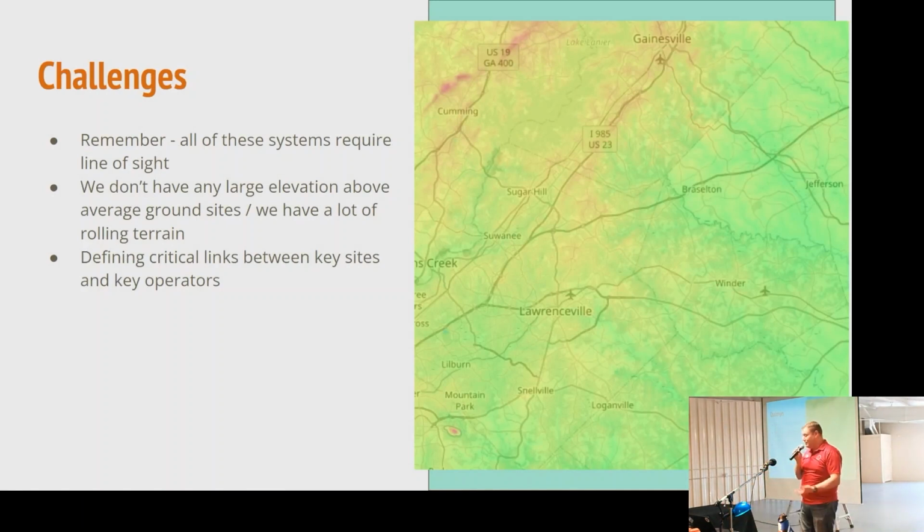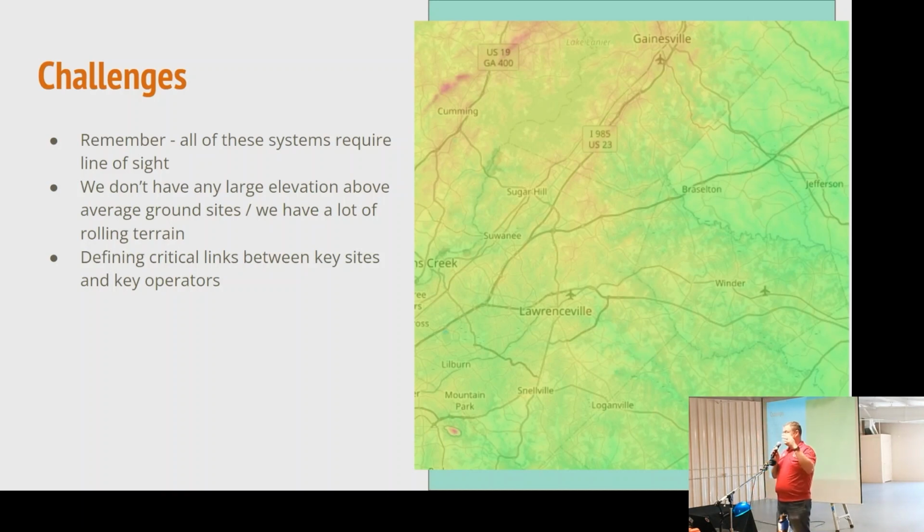The challenges. As we all know, anything in the ranges that these operate at, 2.4 and 5 gigahertz, are line of sight systems. The colors kind of bleed through here, but if you notice in the general Gwinnett area, there is not a general high point, like a mountain, that's available to us.